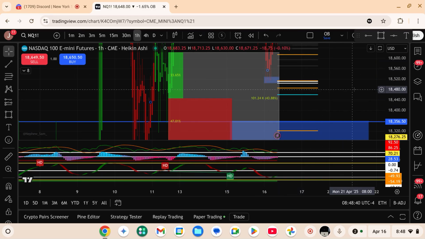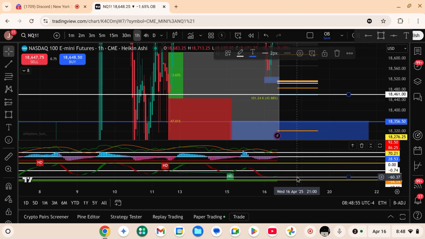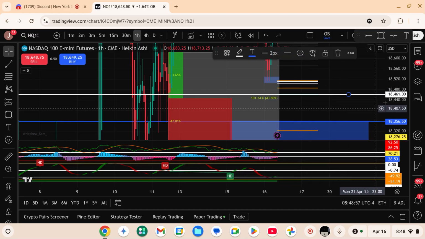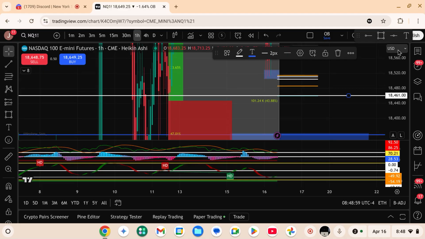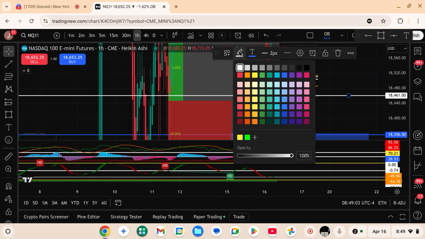So let's draw that right here. Maybe somewhere around here for that liquidity. Let's turn this purple.